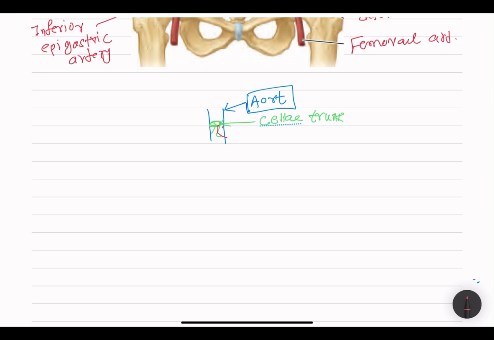I'll show you later in the picture. This is just rough so it will be easy to understand. This artery will be our splenic artery, which is also coming from the celiac trunk.